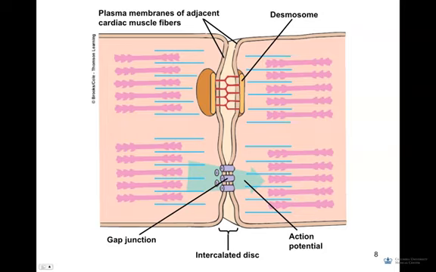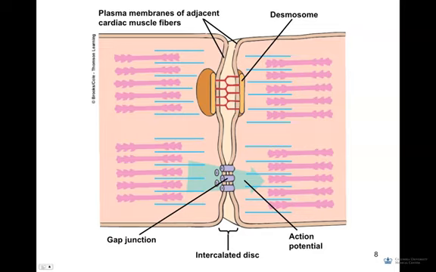The purpose of these desmosomes is to physically anchor, physically attach one cardiac muscle cell to the next. You can see that the protein is structured in such a way that it anchors and attaches one cardiac muscle cell to the next.